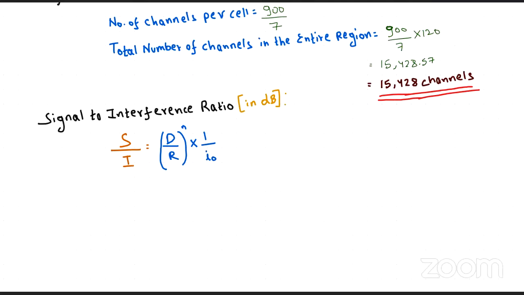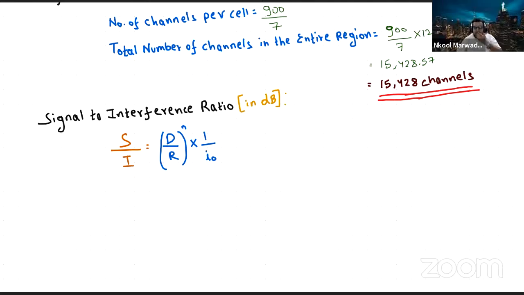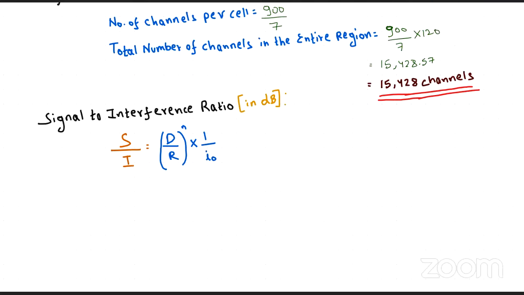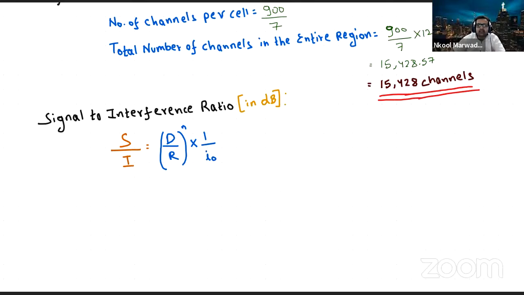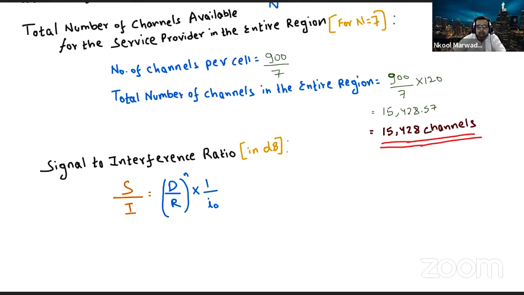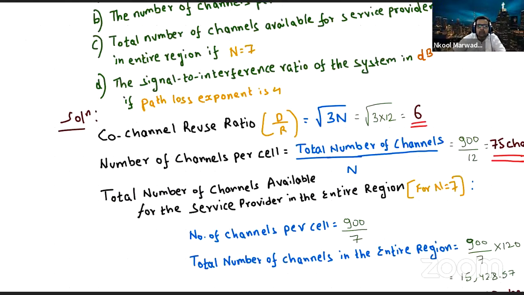How to find I naught in cell sectoring, that we will do in one of the problems in this session itself. So path loss exponent is 4.